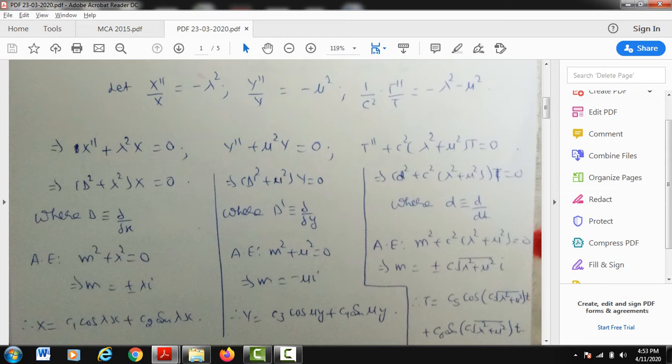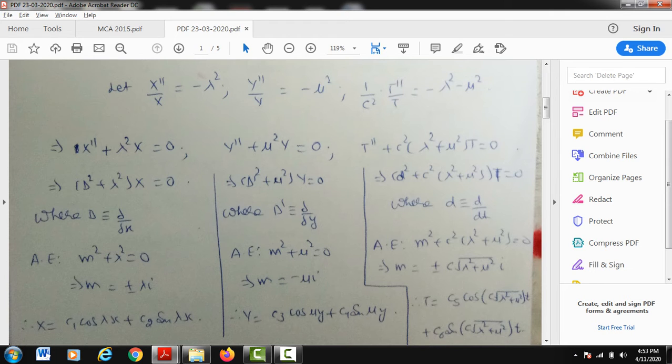So if I simplify these three equations, I am getting: X'' + λ²X = 0, Y'' + μ²Y = 0, and T'' + c²(λ² + μ²)T = 0. Now I will solve these equations.